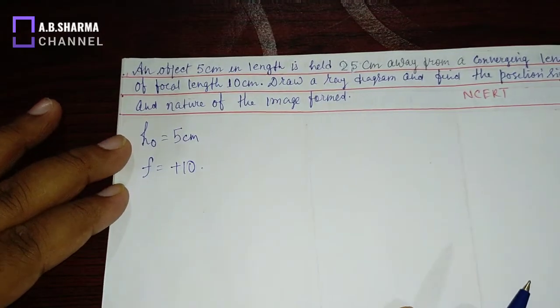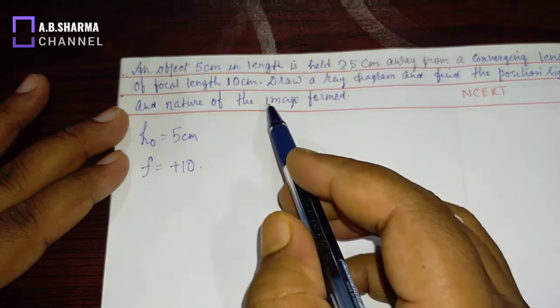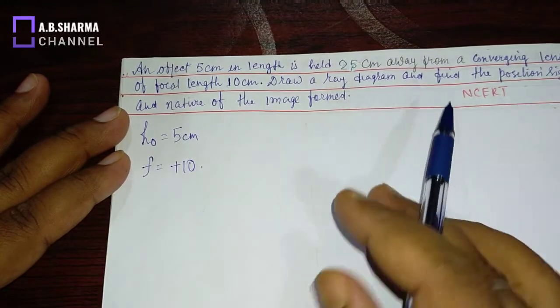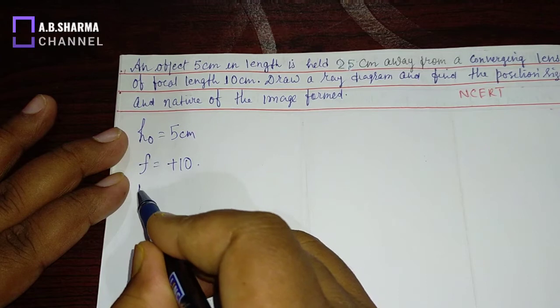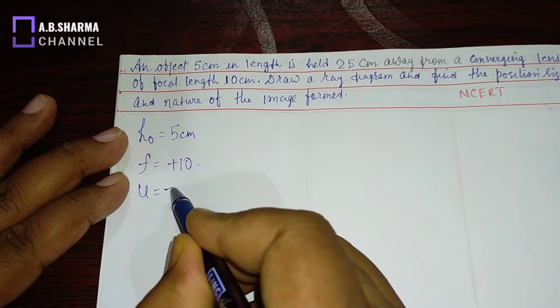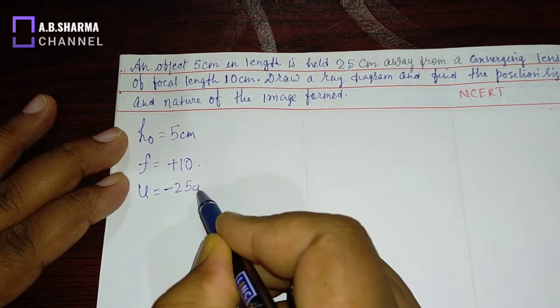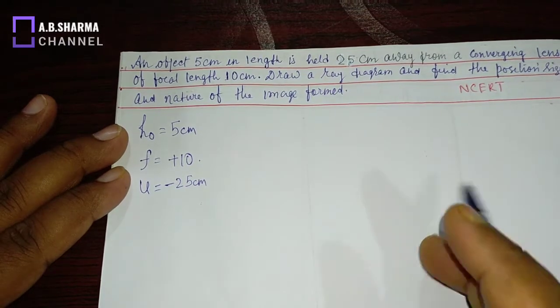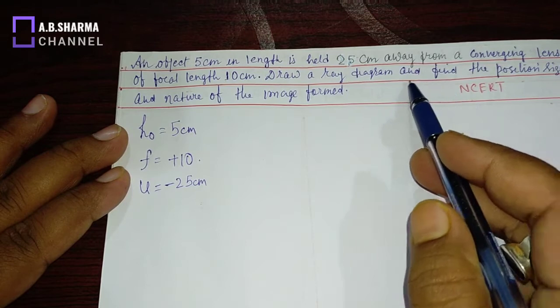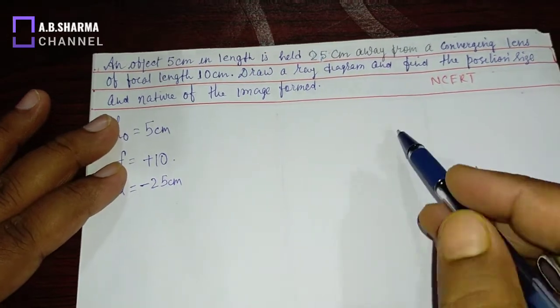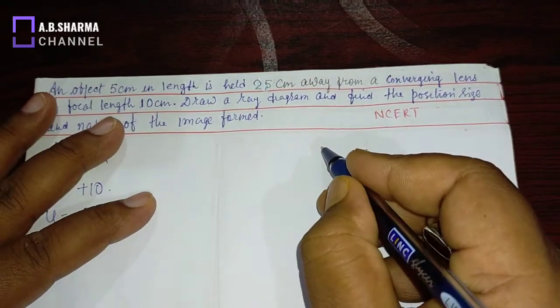Draw ray diagram. Also u is given, means 25 centimeter. u is given minus 25 centimeter. Draw a ray diagram and find the position, size. Means we have to draw ray diagram.